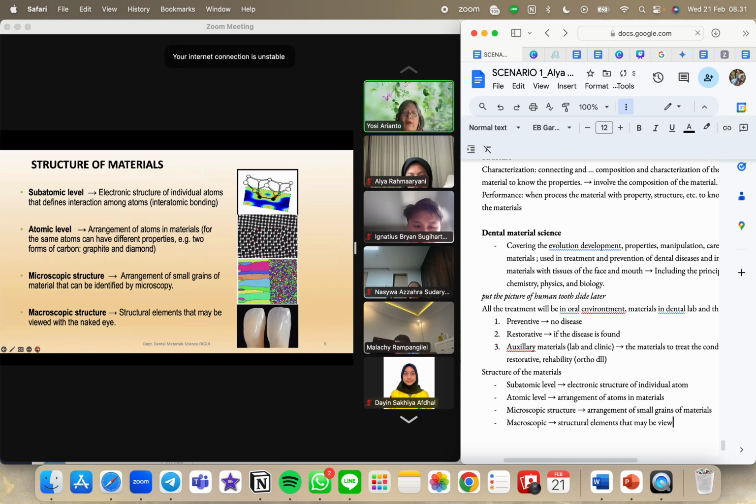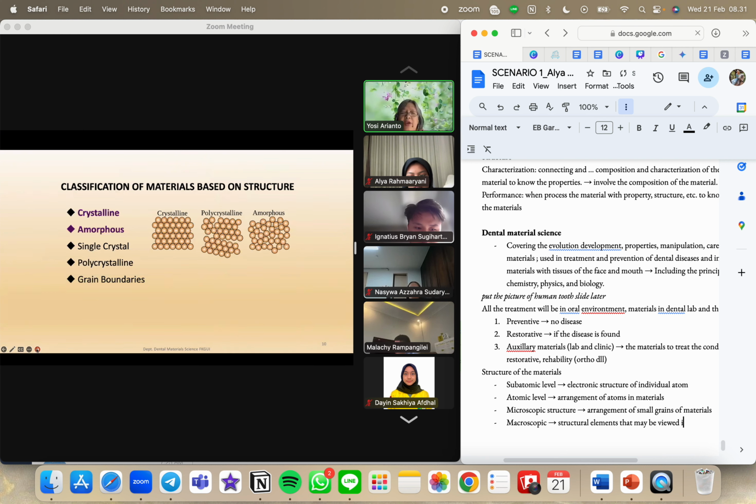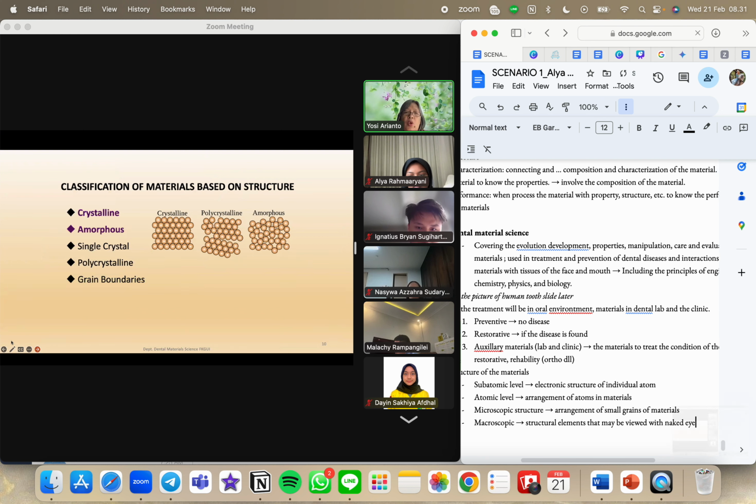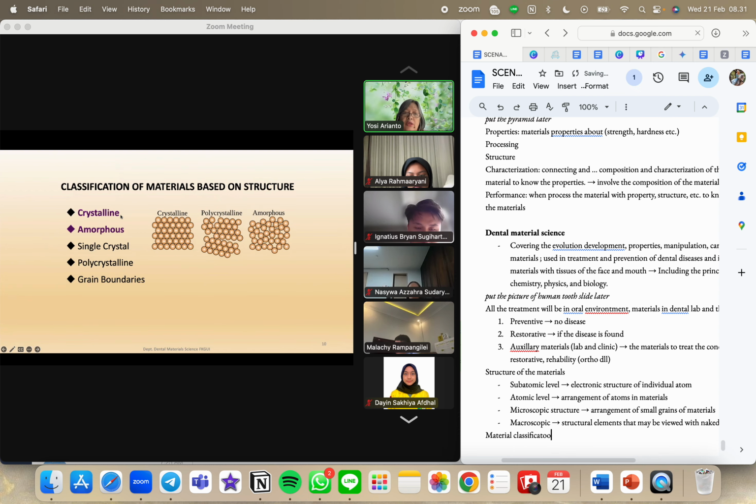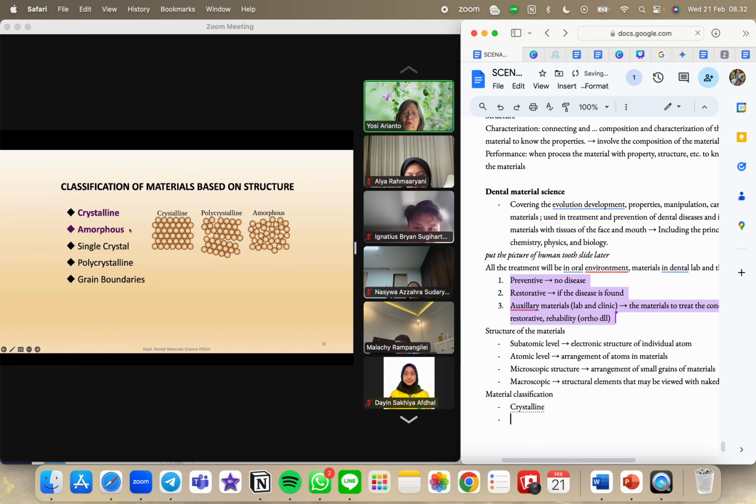Then this is the classification of materials based on structure. We have the arrangement of atoms that we call crystalline, and the arrangement that is amorphous. We also have single crystal, polycrystalline, and grain boundaries.